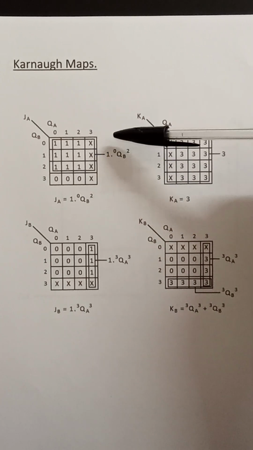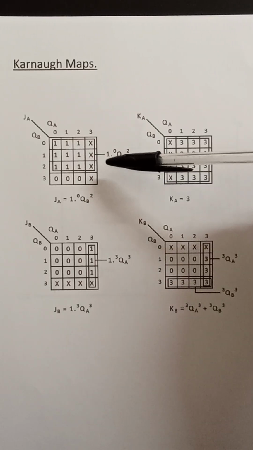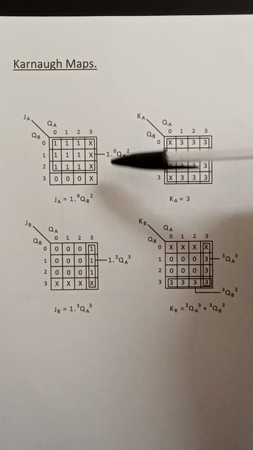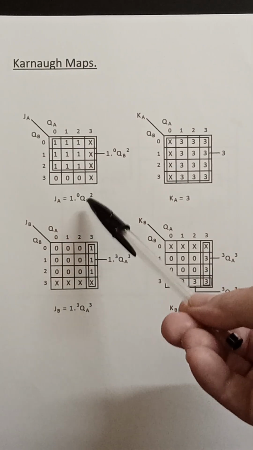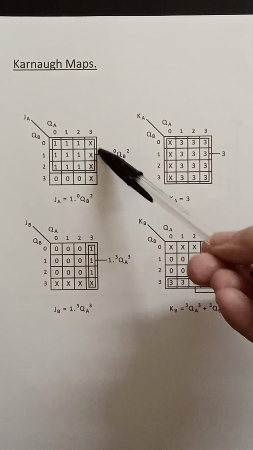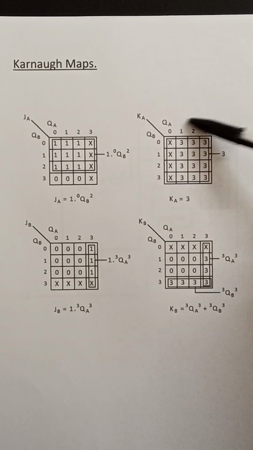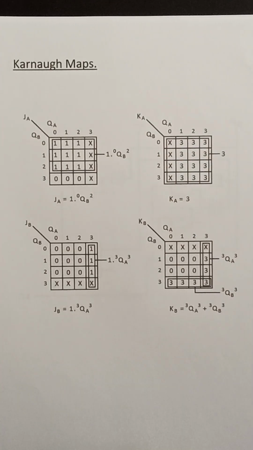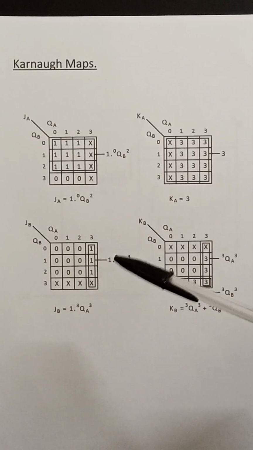Well, I've put a logic 1 and used a minimum function to tie one input to a logic 1 and then the other input to QB. So JA equals 1 min QB to give a 1 instead of a 3. Here for KA, I've kept all the inputs to be a 3. X is a 3 here. And here, this X is a 0.